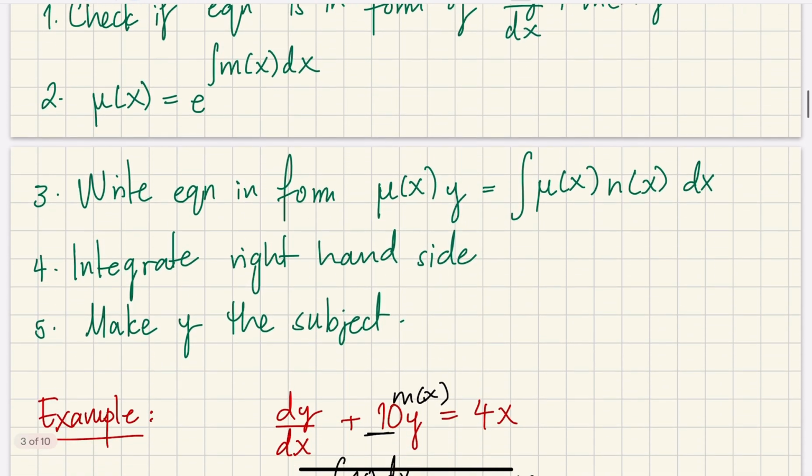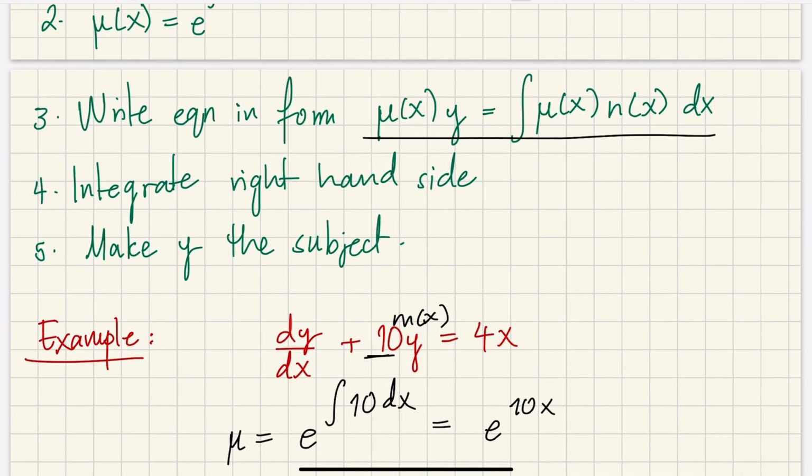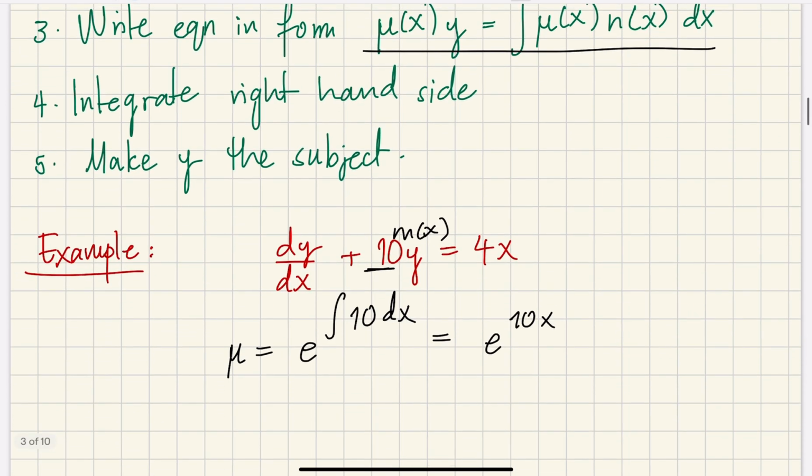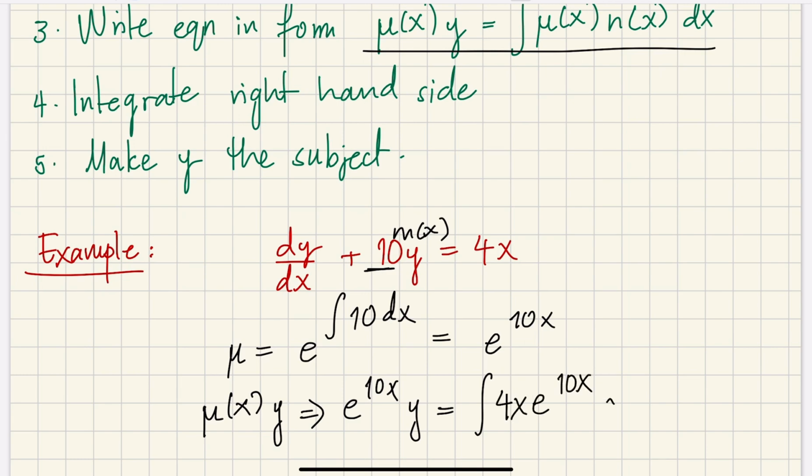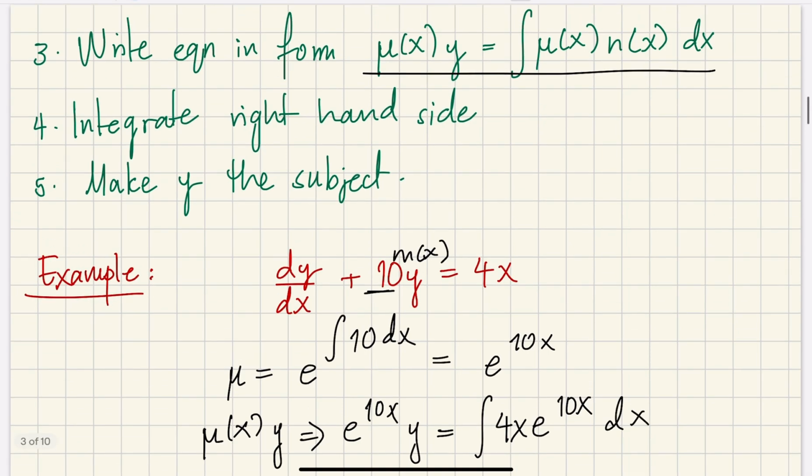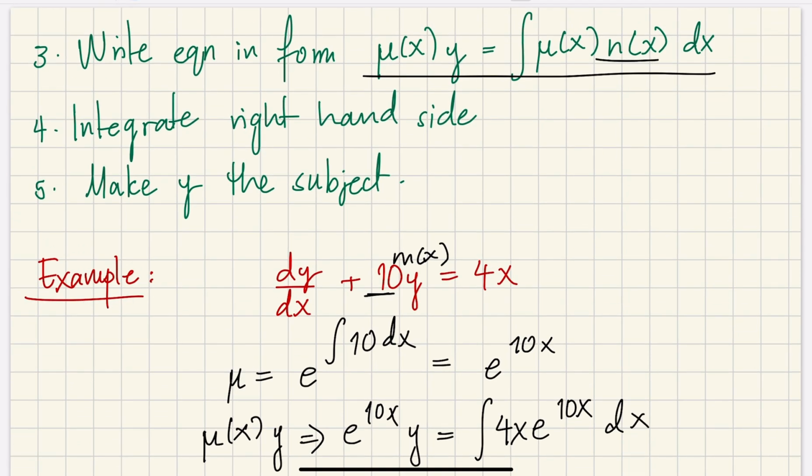Next, we write everything in this form. So that becomes mu of x times y, which is e to the power 10x times y, is equal to the integral of 4x e to the power 10x. N of x is 4x, and mu of x is e to the 10x. Multiply them both, you have this.